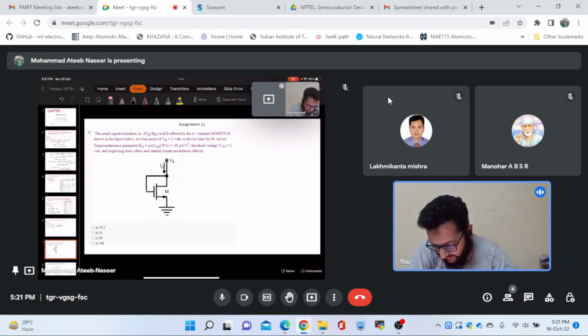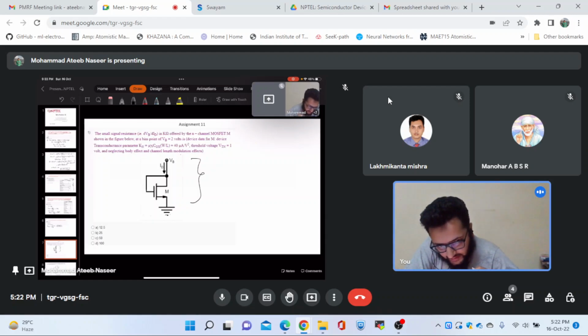So in here we have been given a small signal resistance, and this is given by dVD by dID. This is the small signal resistance offered by this n-channel MOSFET, which is biased at some voltage equal to 2 volts.